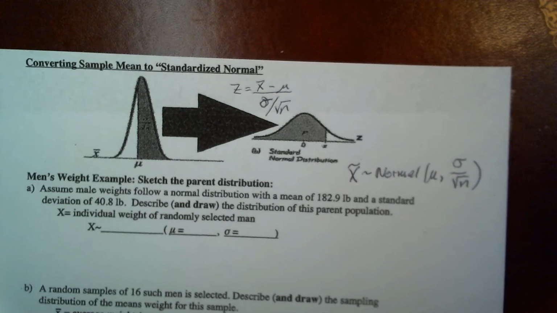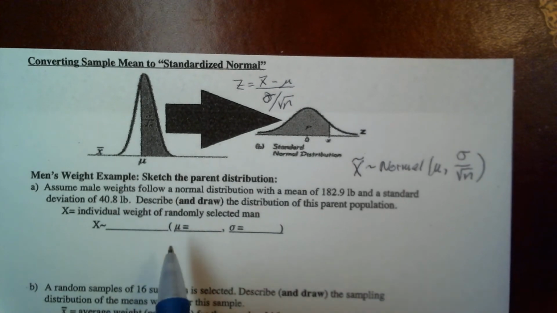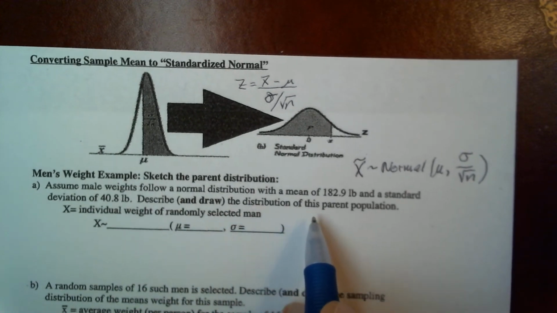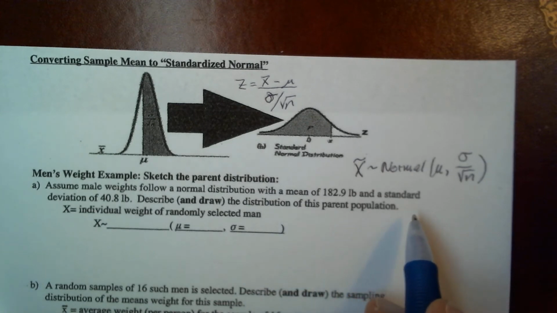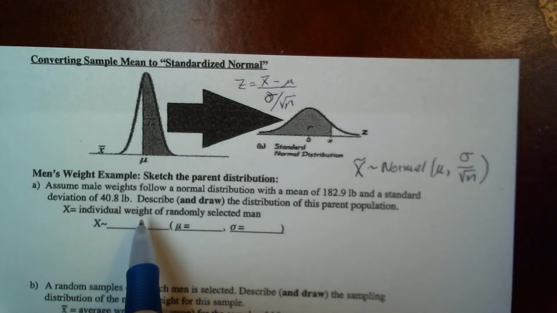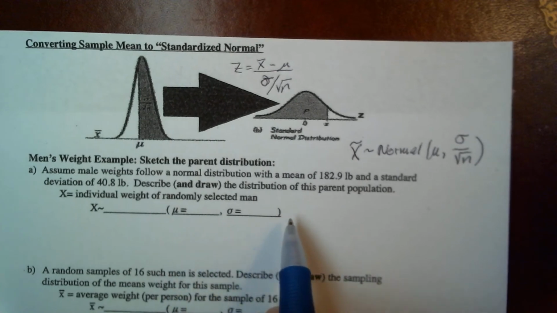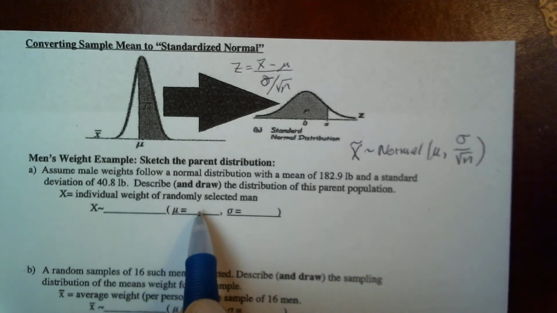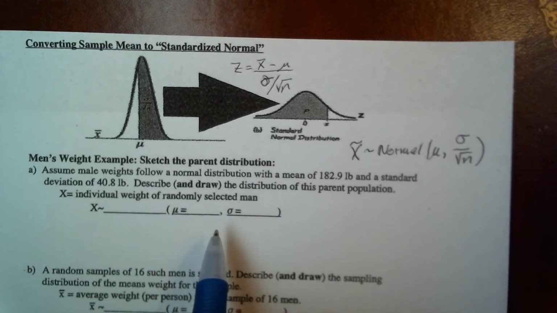So let's look at an example here. Assume male weights follow a normal distribution with a mean of 182.9 pounds and a standard deviation of 40.8 pounds. Describe and draw the distribution of this parent population. X is the individual weight of a randomly selected man.